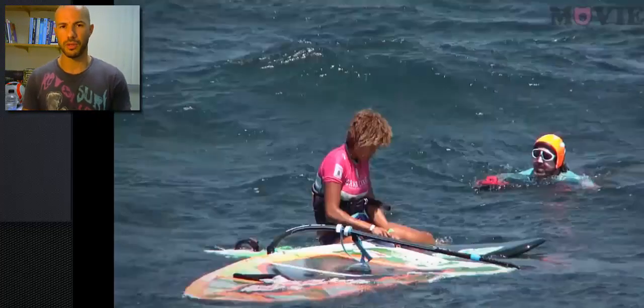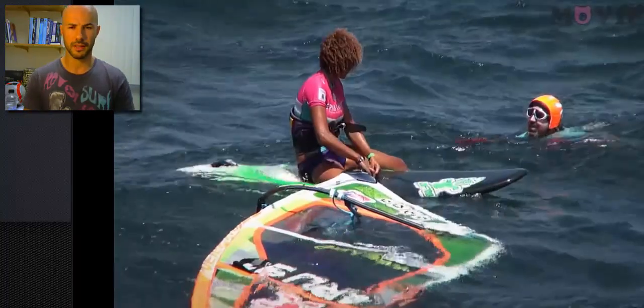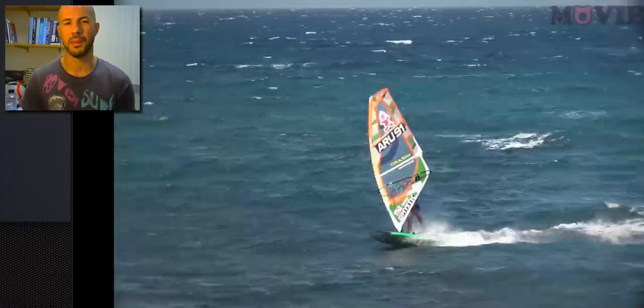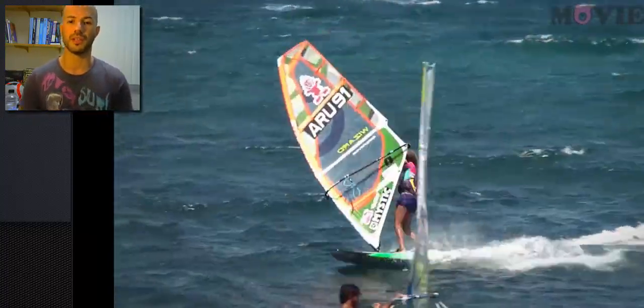Windsurfing, or the freestyle discipline of windsurfing, requires an incredible amount of coordination because you have such a limited amount of time to perform the movements. Here's Sarakita. She makes it look super easy, but you can't really imagine how difficult this is.